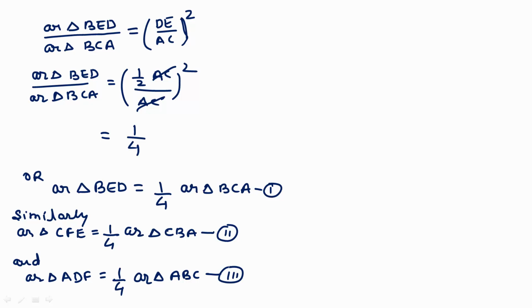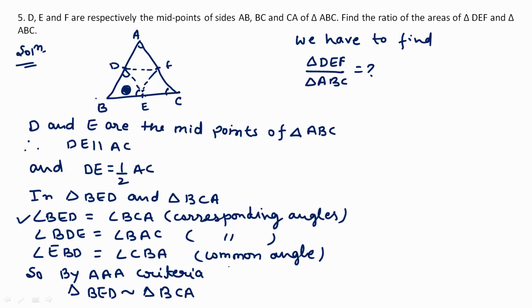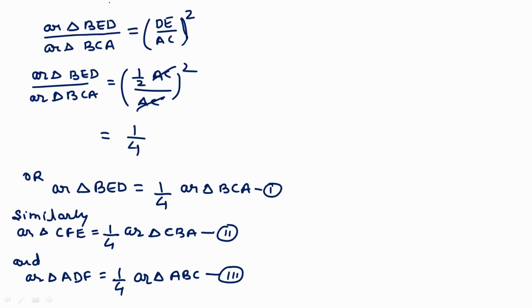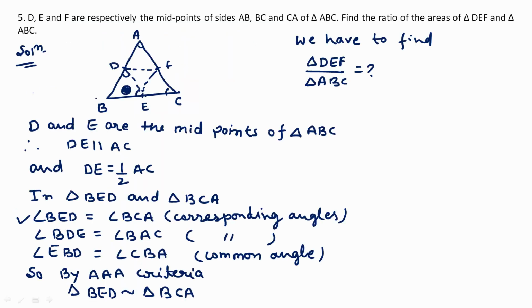Now we need to find the area of triangle DEF, means the ratio of the area of triangle DEF and triangle ABC. So the area of triangle DEF is equal to the area of whole triangle ABC minus the area of this triangle, this, and this.